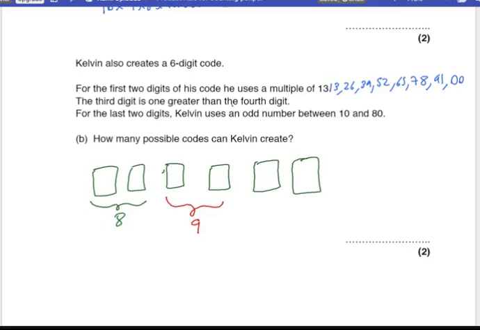Could it be 35? For which one? The last bit? Well, for the last two digits, it uses an odd number between 10 and 80. Okay, so how did you get that? Because between 10 and 80, there's 70 numbers, so I just halved it.